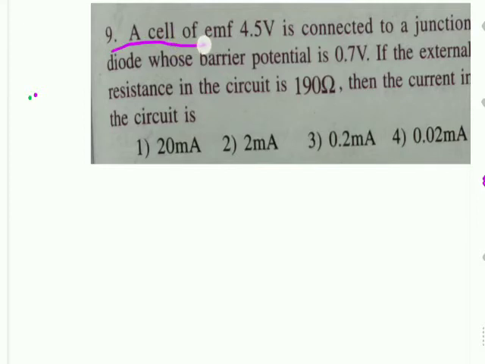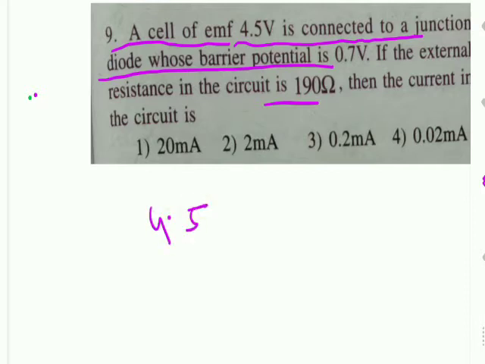A cell of EMF, electromotive force, 4.5 volts is connected to a junction diode whose barrier potential is 0.7 volts. If the external resistance in the circuit is 190 ohms, then the current in the circuit is, he is asking the current. The EMF of the battery is nothing but a potential, 4.5.